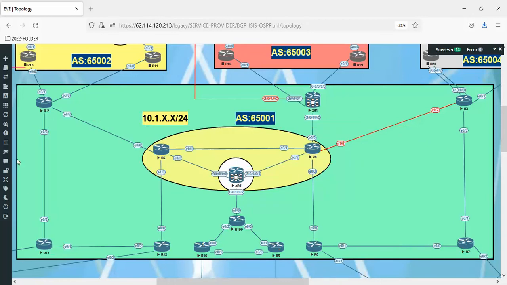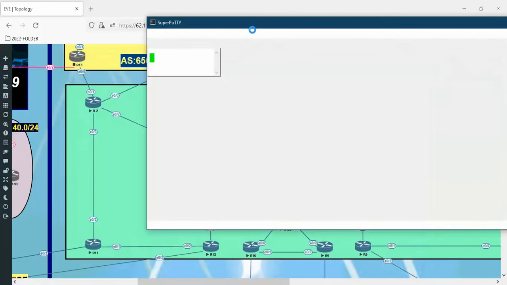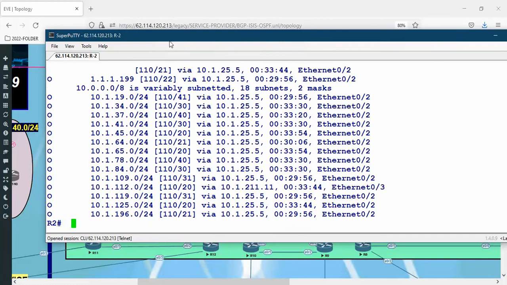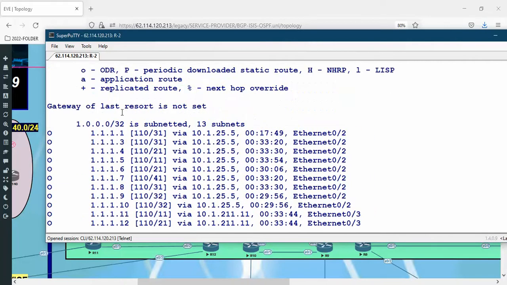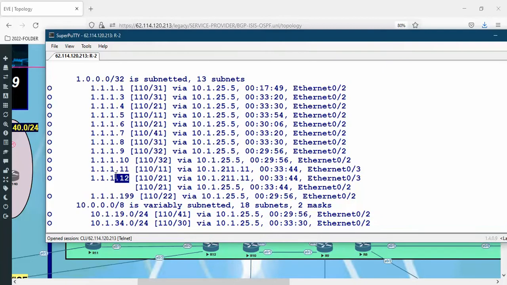So let's just clear this out. Router 2 here, if we say show ip route ospf, as you can see, these are all the loopbacks in the topology starting from 1 to 12, right?